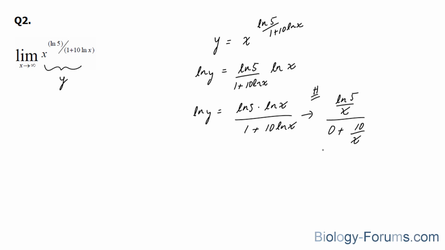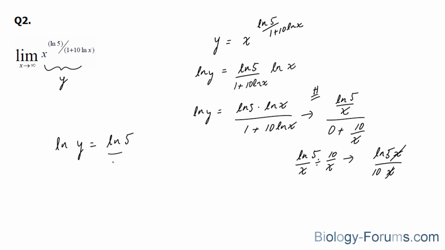So I'm going to rearrange these two quotients: ln 5 times x over 10 times x. The two x's cancel out, and that is the limit of the right side. So essentially what we're left with is ln y is equal to ln 5 over 10.